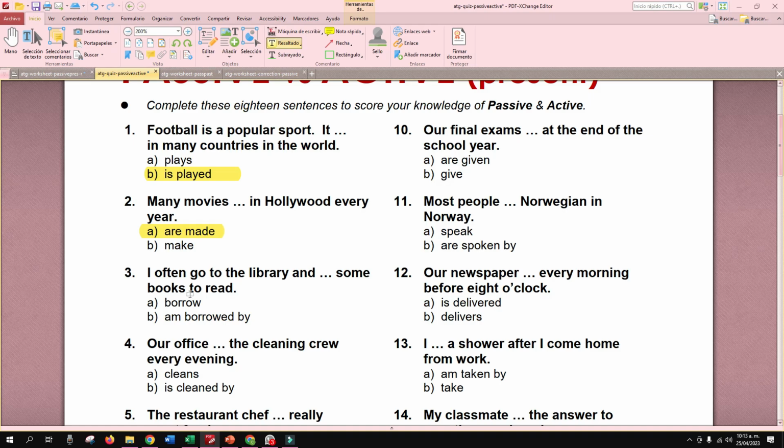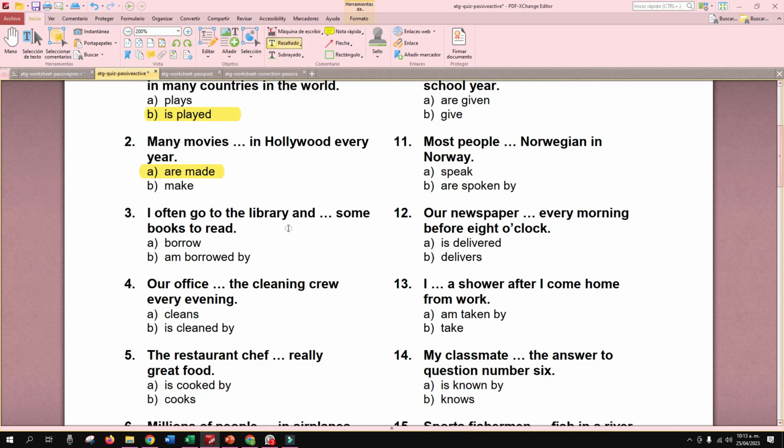There you have borrow and borrowed by. Which could be that one? Do you think letter B, I am borrowed by some books to read? Do you consider that is an active or a passive voice sentence? For me, it's an active.